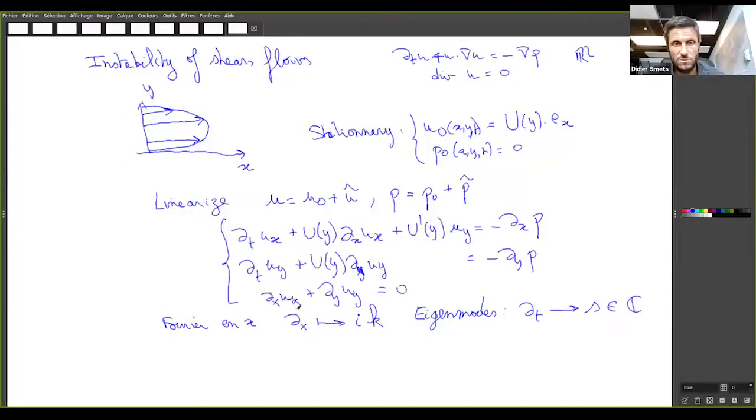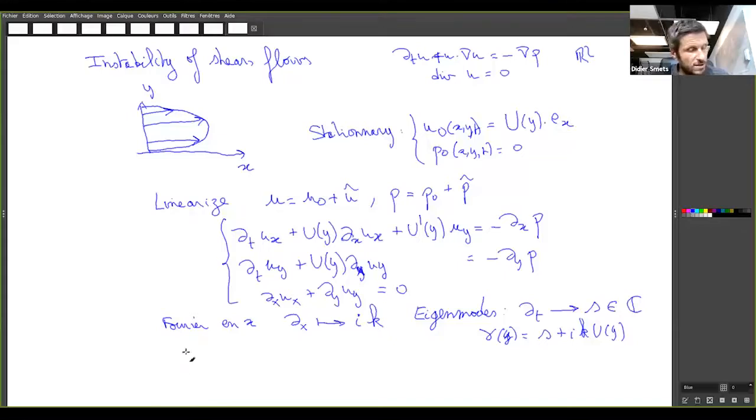Okay, so when you do that, you have a simpler system. And I'm going to introduce this function because that will come from these terms here, gamma of y, which is just s plus ikU of y.